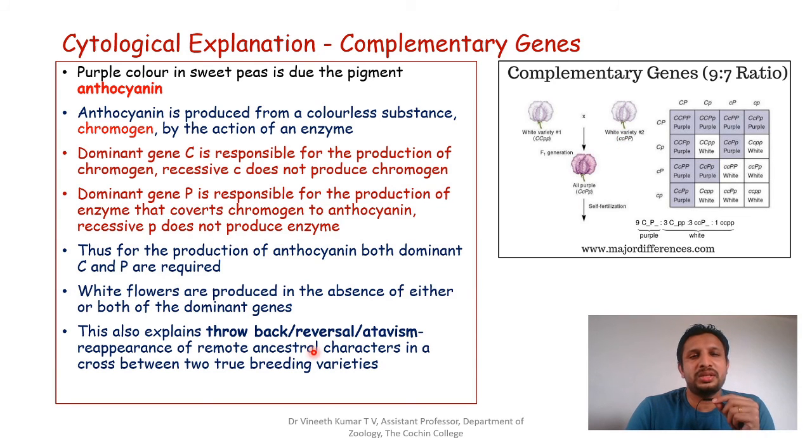That is why this is taken as an example or explanation for atavism, reversal, or throwback, the reappearance of a remote ancestral character. So capital C and capital P are considered remote genes which got mutated into small c and small p, and they appear when the complementary genes interact together.